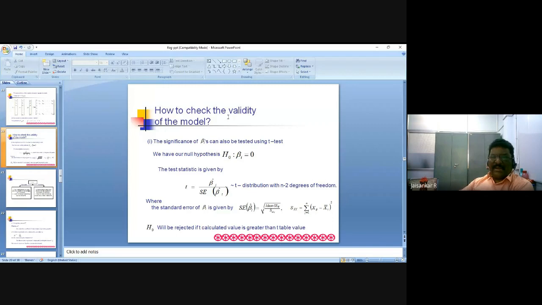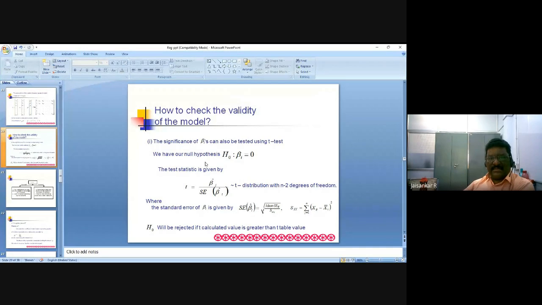Remember, madam asked: I get zero correlation, sir, what shall I do? When there is zero correlation, you have to say that there is no relationship between these two variables. That's all. But what happens if I get a correlation value of 0.2 or 0.02 or 0.002 or 0.3?